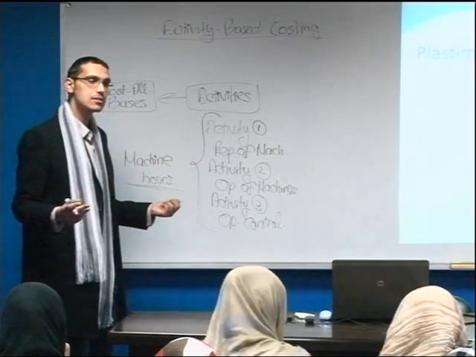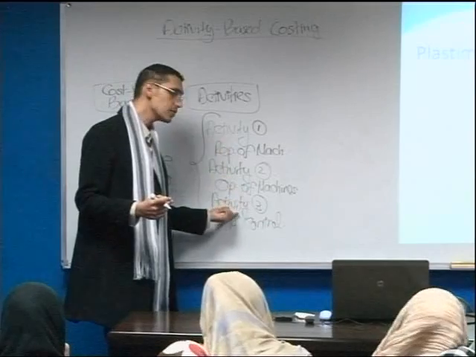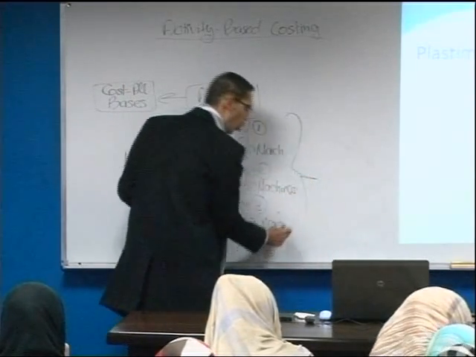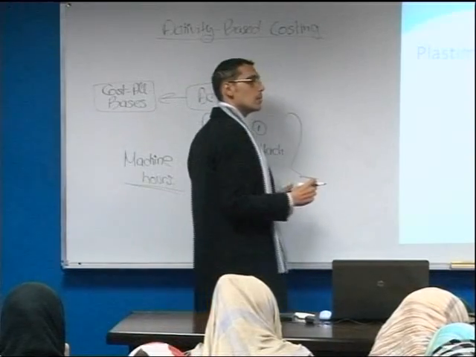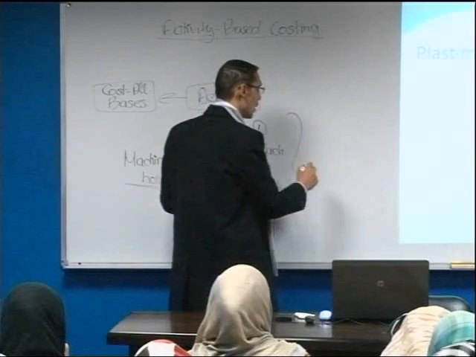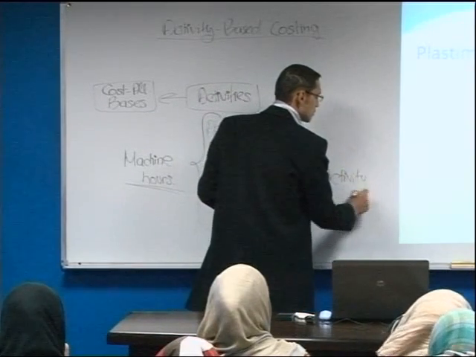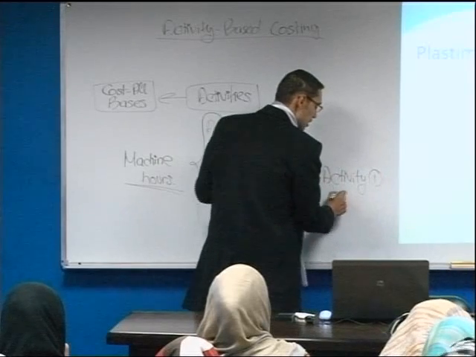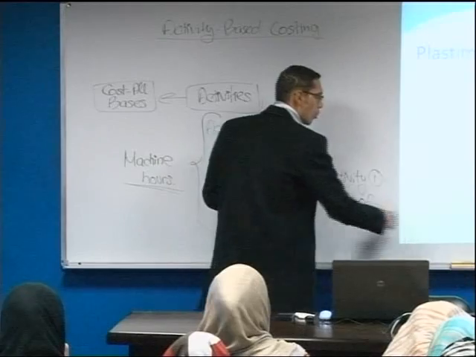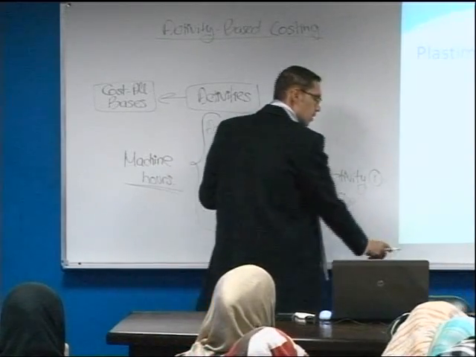In this case, activity 1, activity 2, activity 3 would all be added onto only one activity. For instance, let us call it the operation of machines, or the machinery operation, or something like this.